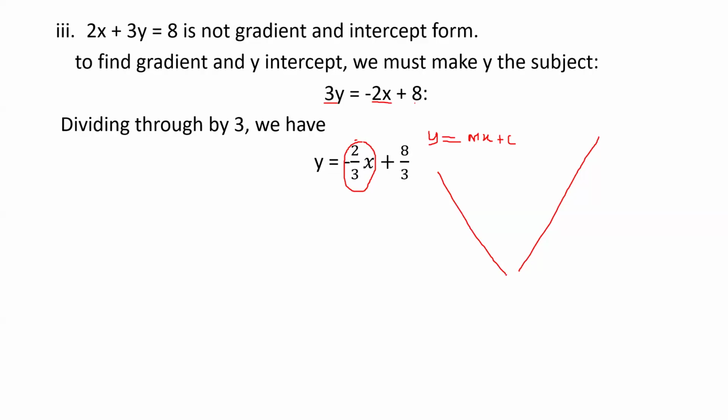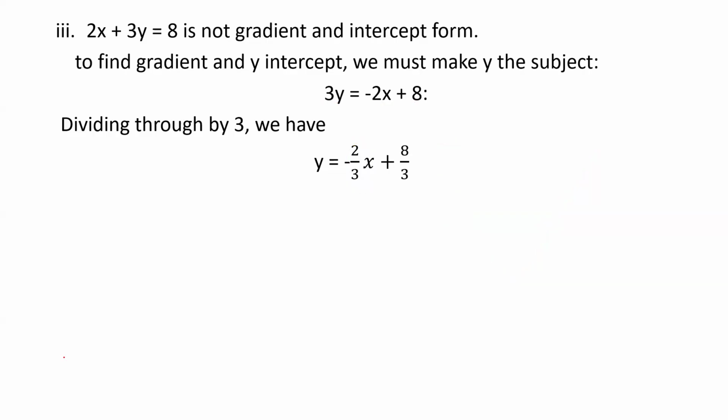What is the second one? This one? Yes. When we have a negative gradient, that's how the line is. That's good. It means that you learned something last week. Very good.